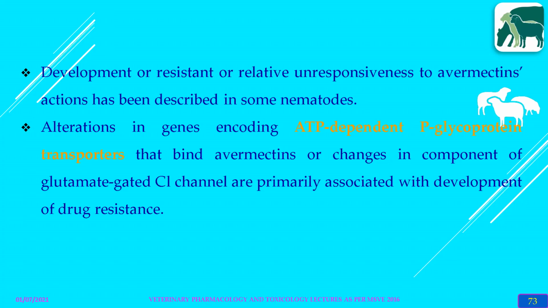Nowadays, since it is a very widely used anthelmintic, there is a chance that drug resistance is very high, and it is due to the encoding of ATP-dependent P-glycoprotein transporters.